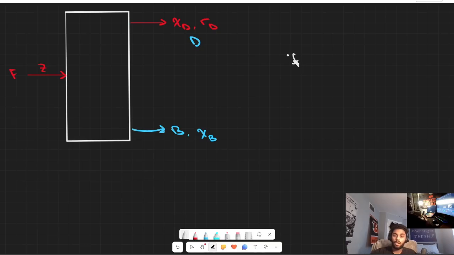So I'll start up top with our distillate because we have a little bit more information there. What I'm trying to find out is what this flow rate is. And the easiest way I can put this into an equation is saying, well, how much of my distillate am I actually flowing out of this component?